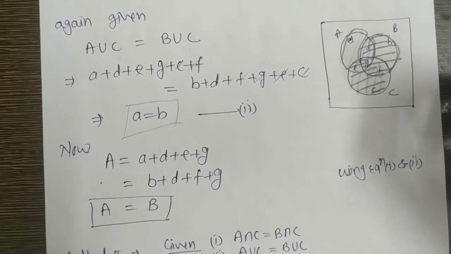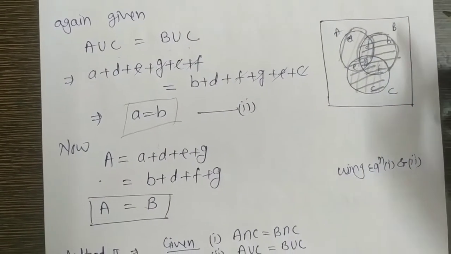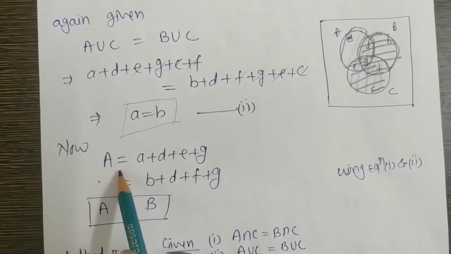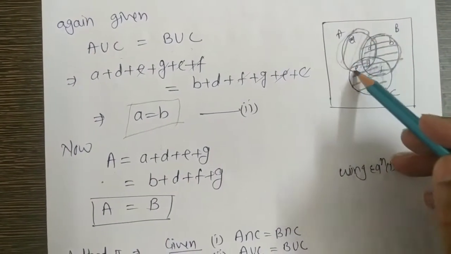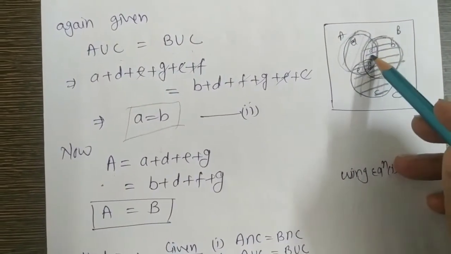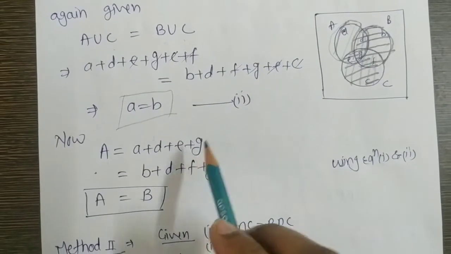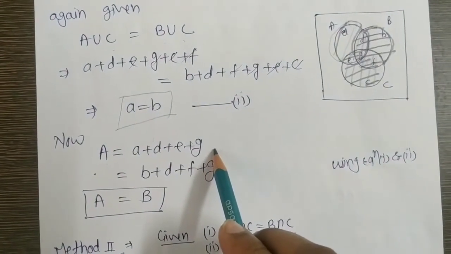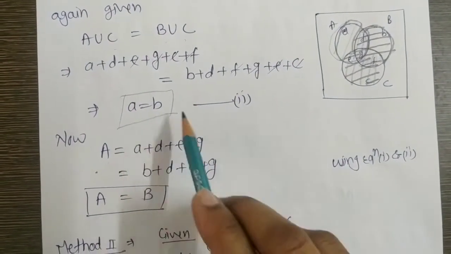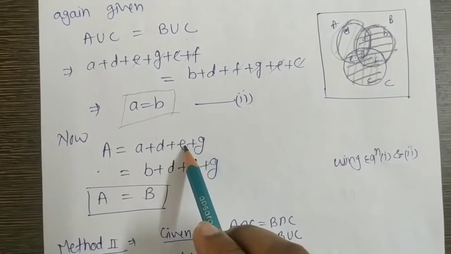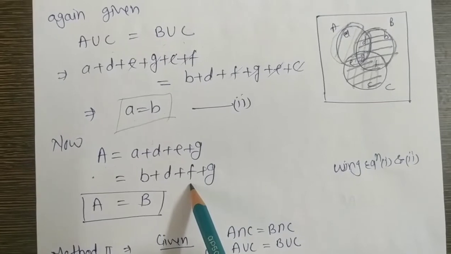Now, what we need to prove? That A is equal to B. So we will start with that. A is equal to, what is A here? A plus D plus E plus G. We have used both the equations. We have put the value of A, that is B, D as it is, and E, that is F, from equation 1.